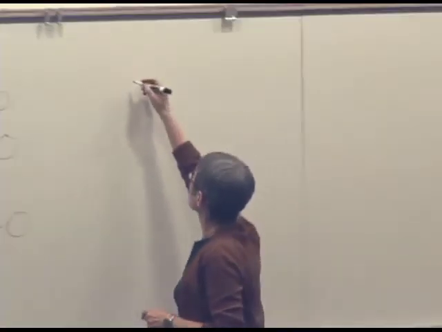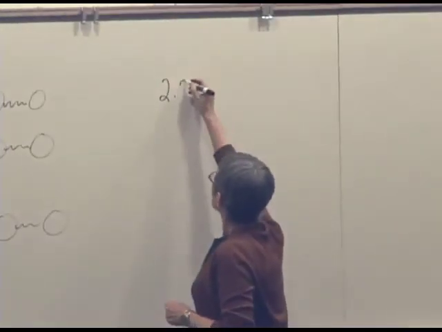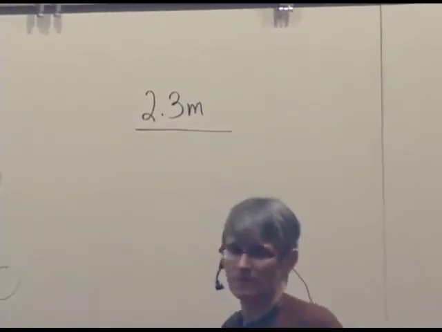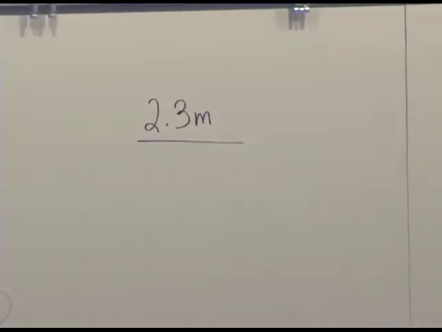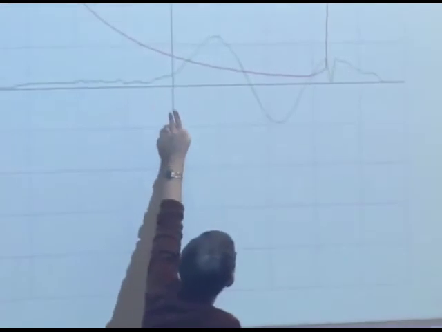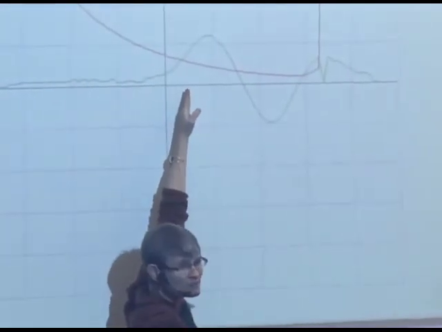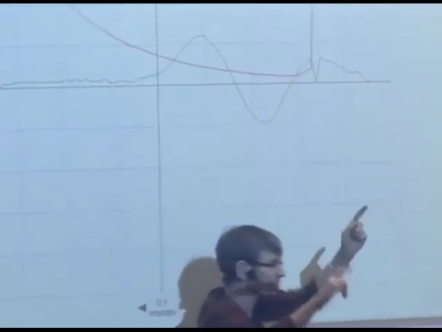So we have 2.3 meters as the distance the pulse traveled, and we have 1, 2, 3, 4, 5.2 maybe squares till we get a significant signal for the microphone.